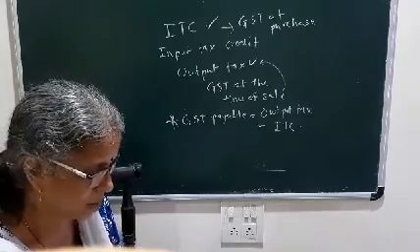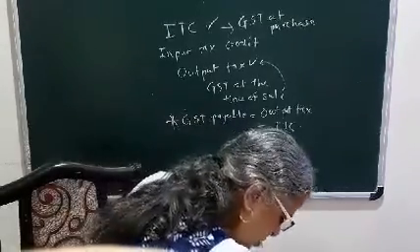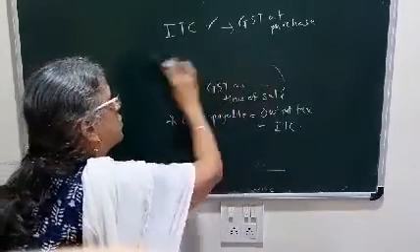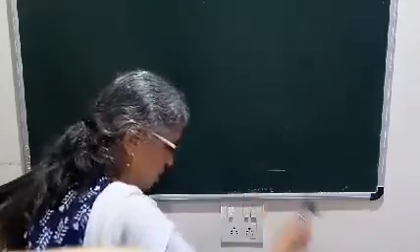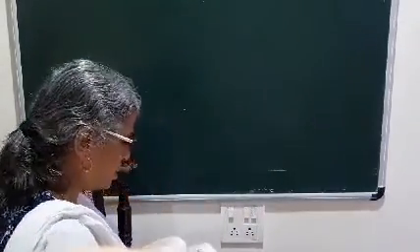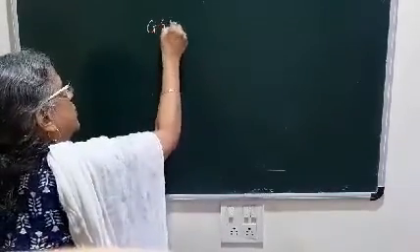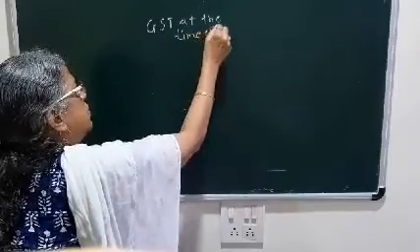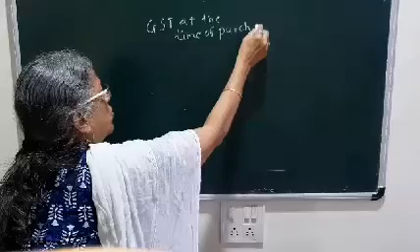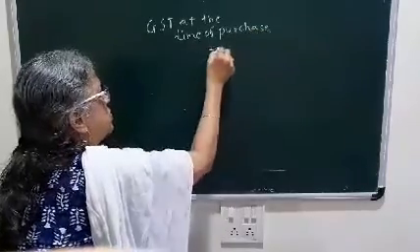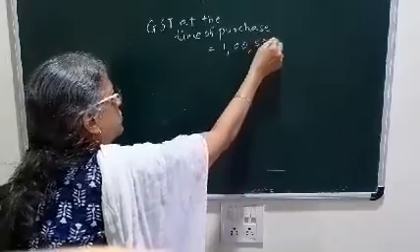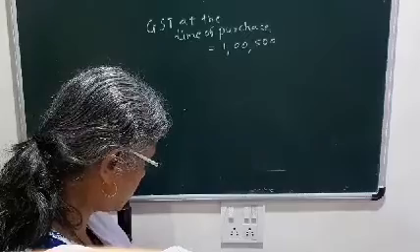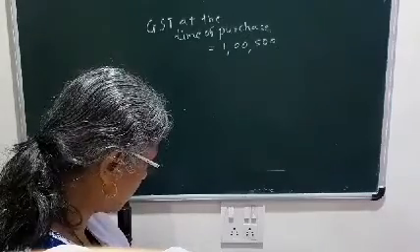Chetana Store paid total GST of rupees 1,05,000 at the time of purchase. GST at the time of purchase, as I have told you, is ITC. So they have given ITC as 1,05,000. Then they collected GST of rupees 1,22,500 at the time of sale.